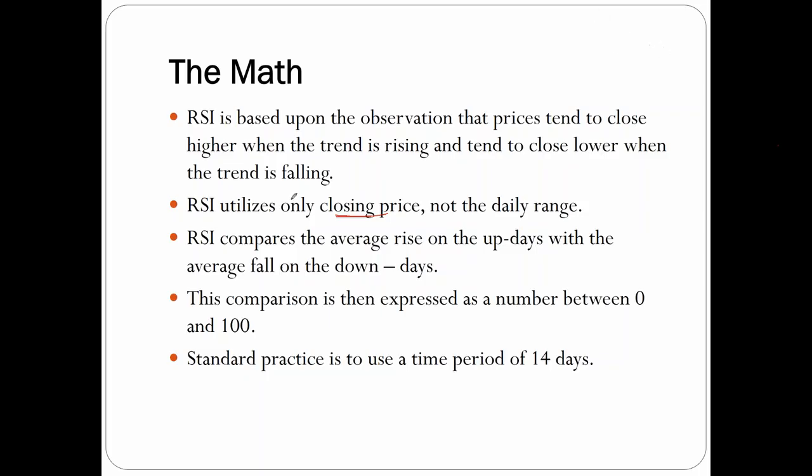So it compares the average rise on the up days and the average fall on the down days. That is how much the price has risen from the previous day's close. It takes the average of the up days in relation to the close of the previous day and compares it.